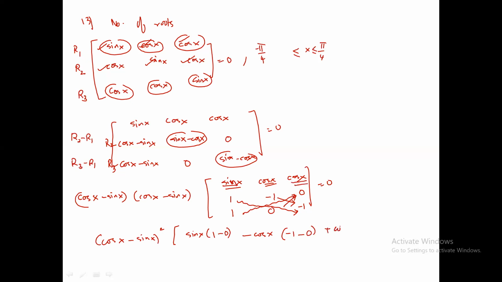Lastly, plus cos x into, now I have to multiply this 0 minus this minus 1. So it will become plus equal to 0. So that is cos x minus sin x whole square into sin x here plus cos x here another cos x equal to 0.